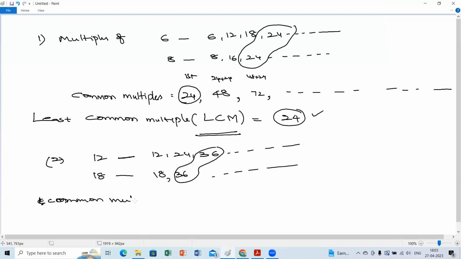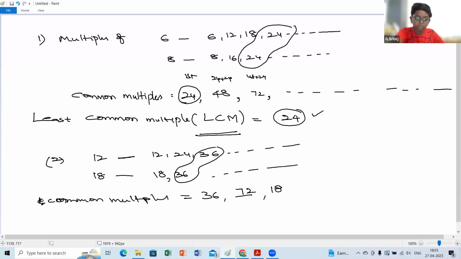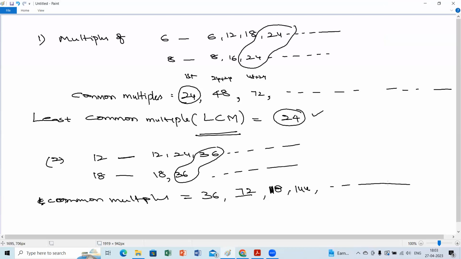Common multiples: 36. What is the next common multiple? 72. Very good. Next one, 108. Then 144, and so on.